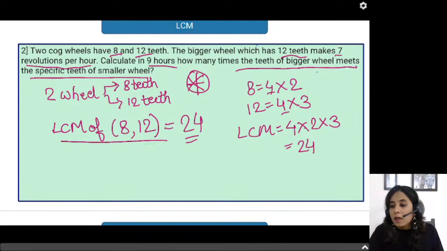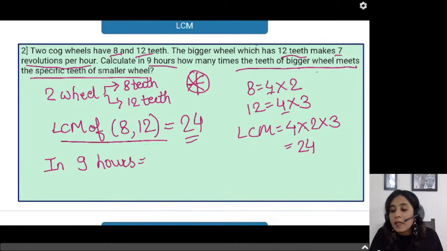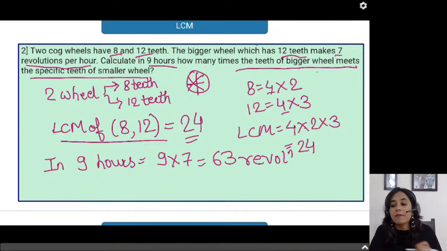Now, in 1 hour the bigger wheel makes 7 revolutions. So in 9 hours it is going to make 9 into 7 revolutions, which is 63 revolutions.